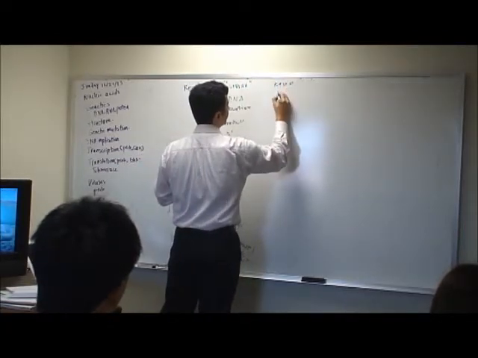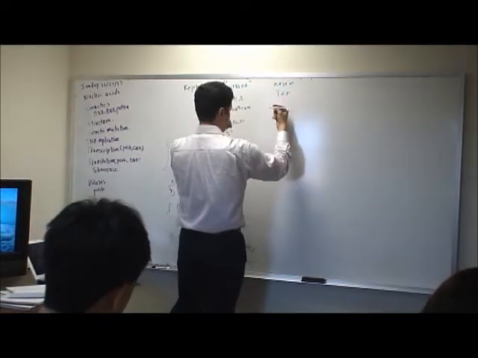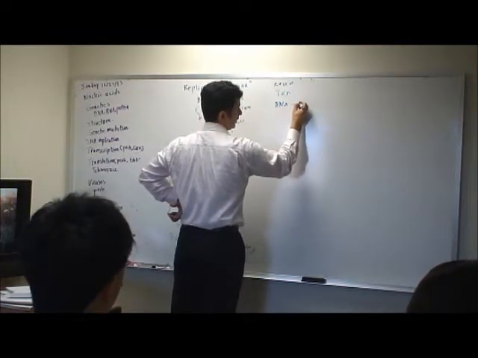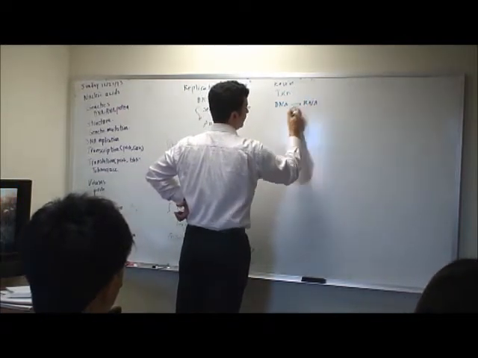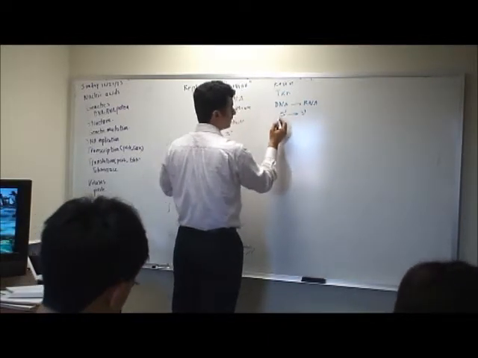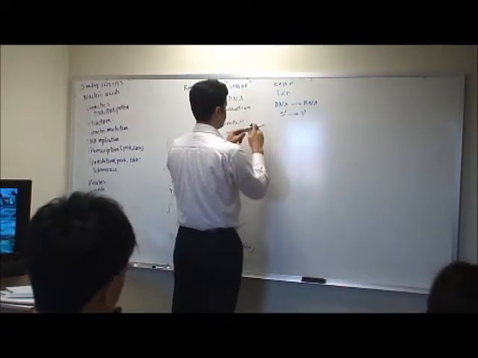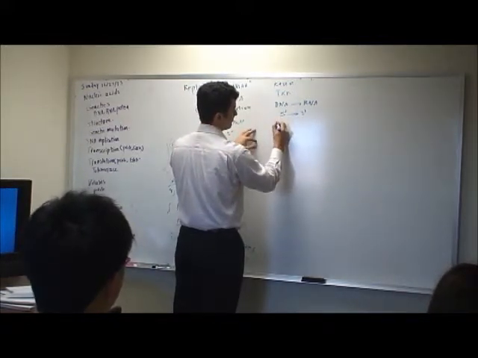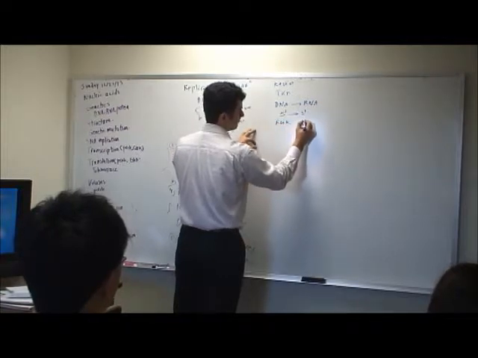Kevin, you're next. Talk to me about transcription. It's 5' to 3'. Very good. DNA to RNA, again 5' to 3'. And in eukaryotes, sorry, there are 3 RNA polymerases.